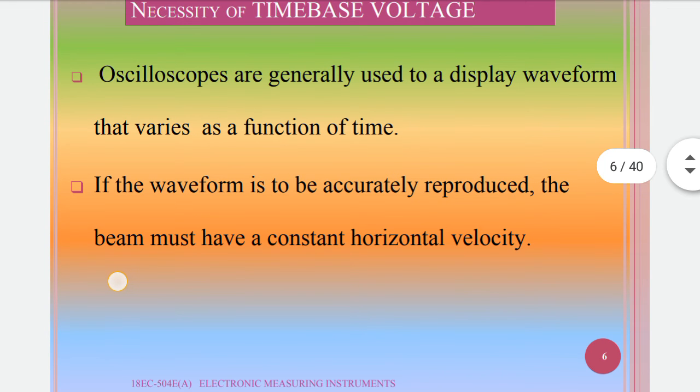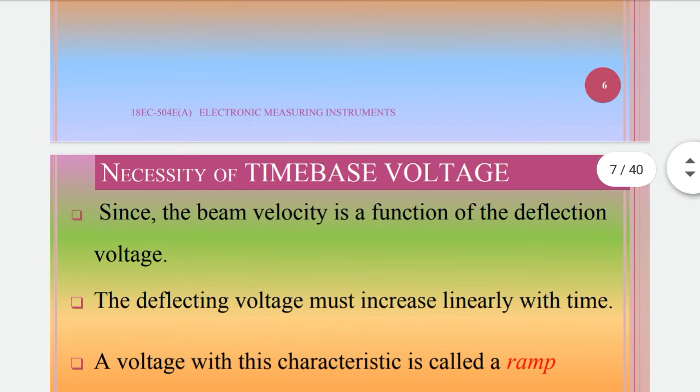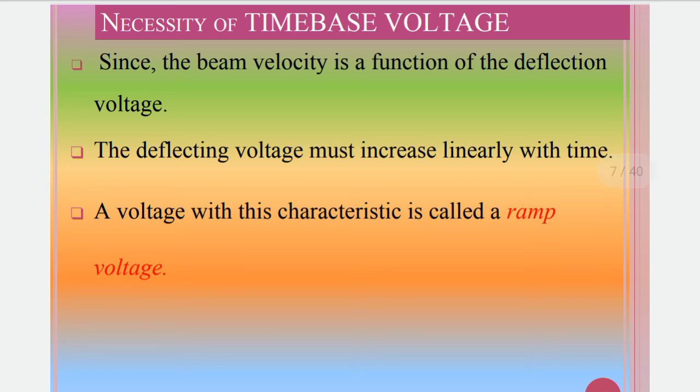That means the oscilloscope displays the waveforms as a function of time, and if the waveform is to be reproduced accurately, the electron beam must have a constant horizontal velocity. Since the beam velocity is a function of the deflection voltage, the deflecting voltage must increase linearly with time.